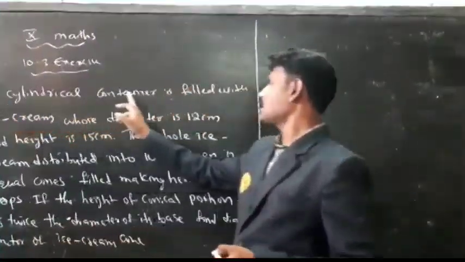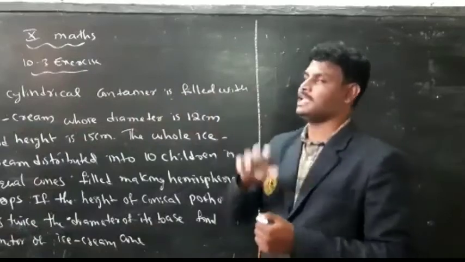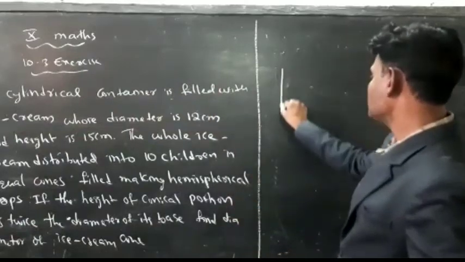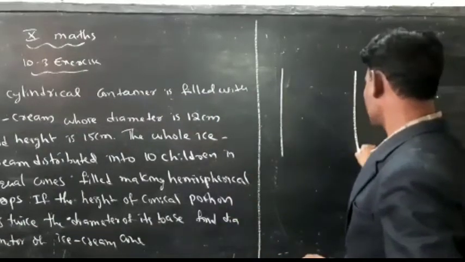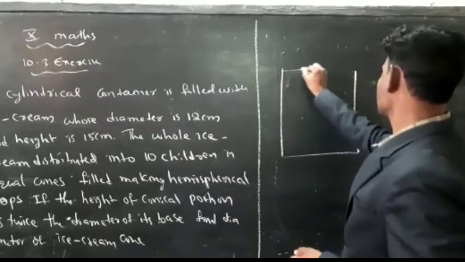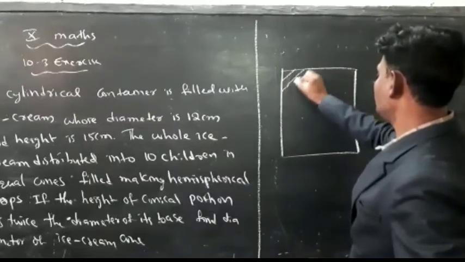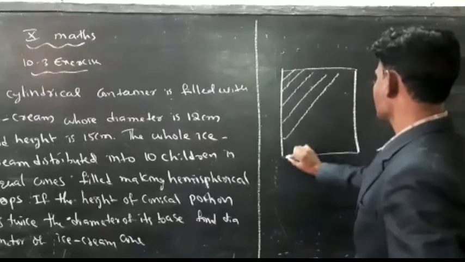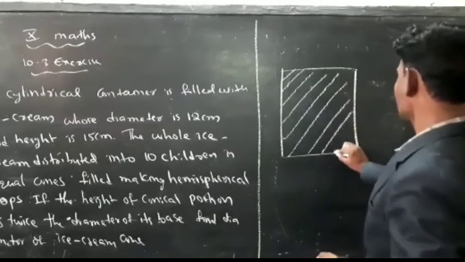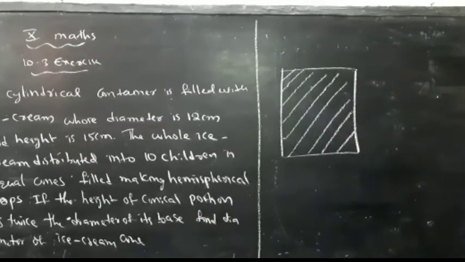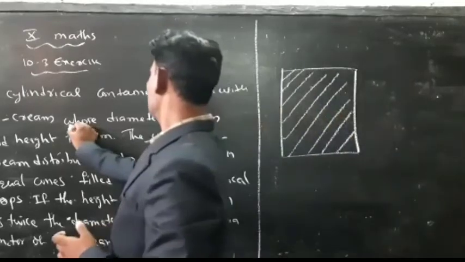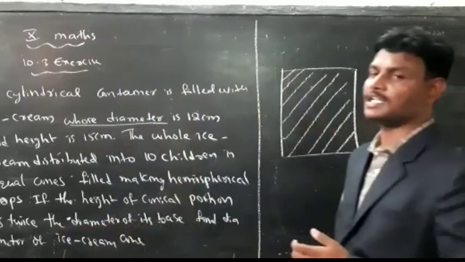A cylindrical container is filled with ice cream. Here is one cylindrical container filled with ice cream, whose diameter is equal to 12 centimeters.